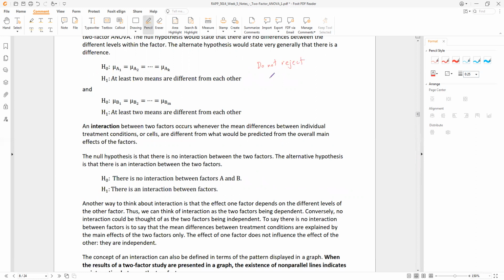We don't have enough evidence to say that factor A makes a difference. Here we do not reject. We don't have enough evidence to say factor B makes a difference. And then here we reject. So there is an interaction between the two factors.